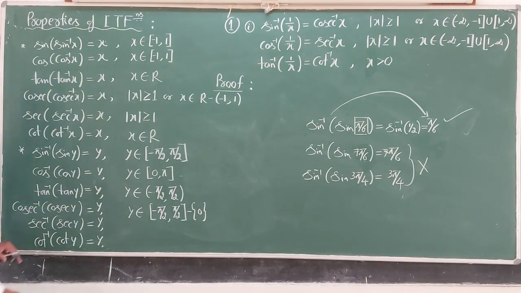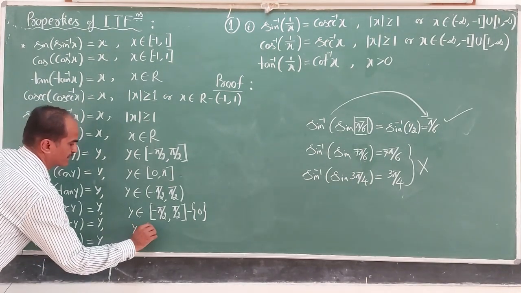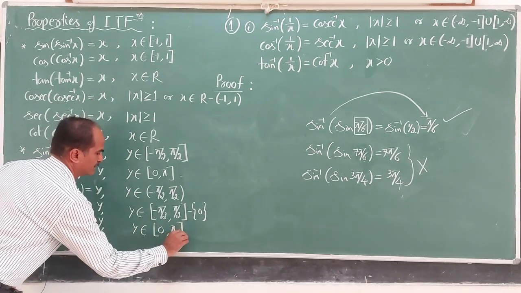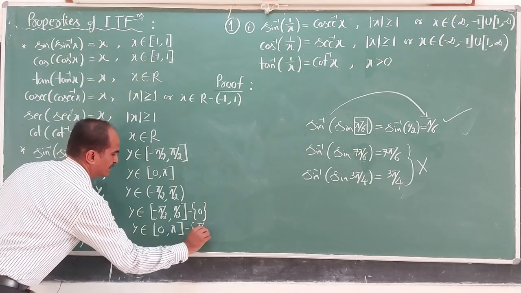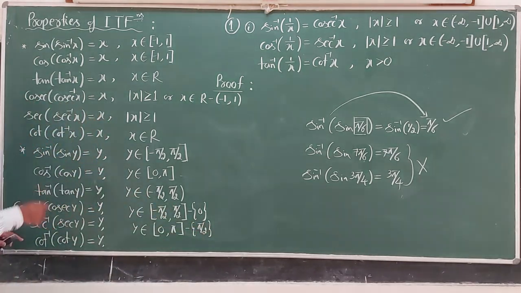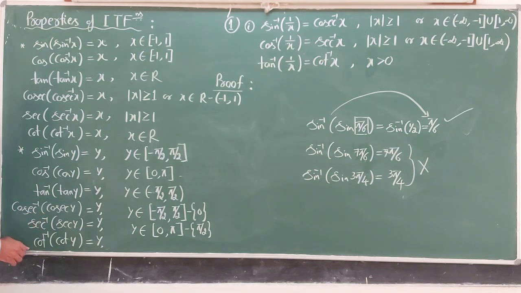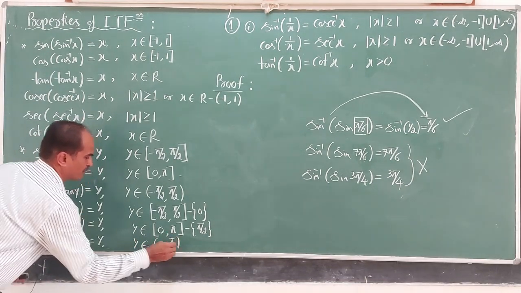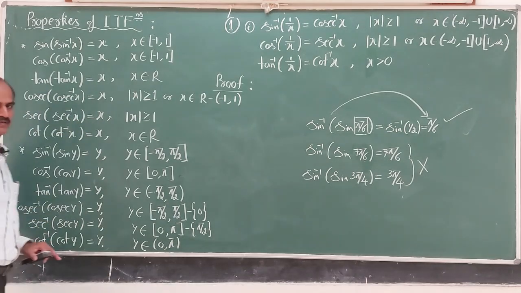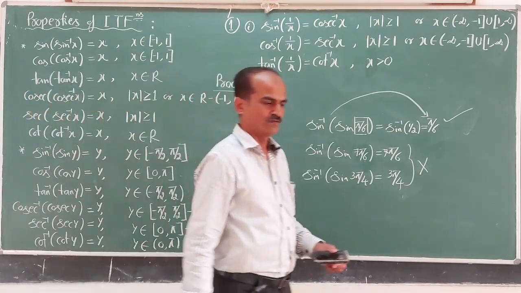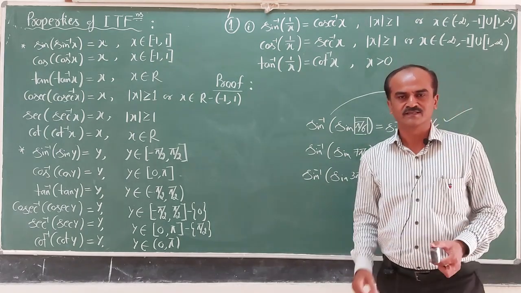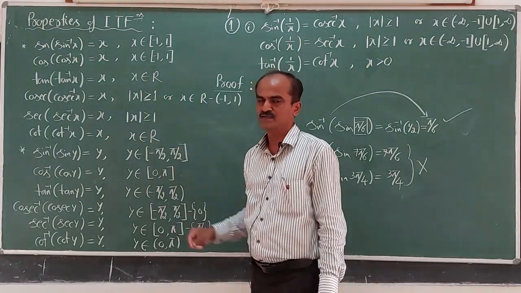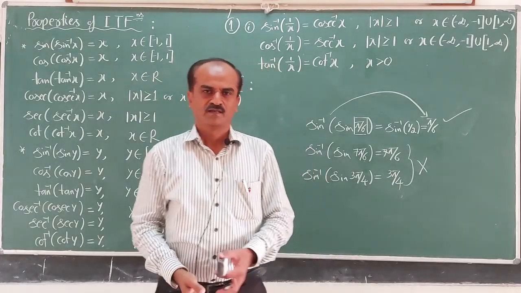Secant inverse of secant y equal to y whenever y belongs to the interval 0 to pi, leaving the element pi by 2, which is the range of secant inverse. Cot inverse of cot y is equal to y whenever y belongs to the open interval 0 to pi, which is the range of cot inverse. So while applying these results, be careful about the value of x and the value of y.